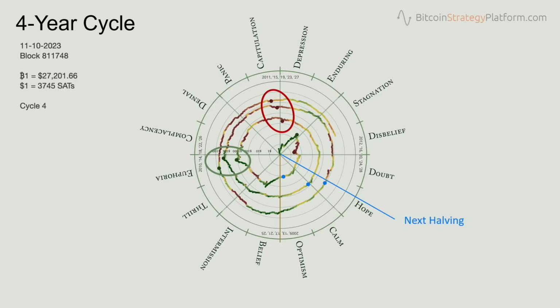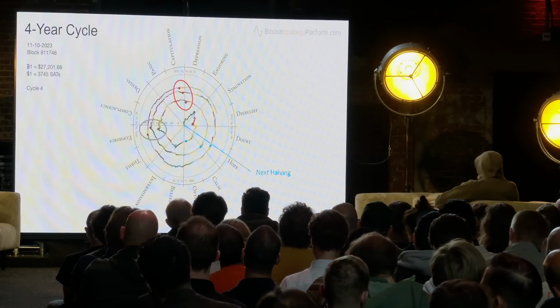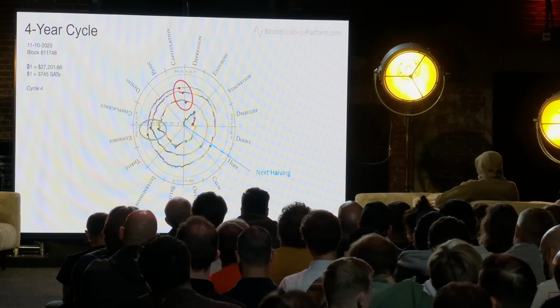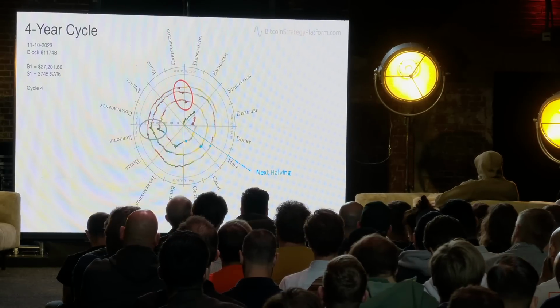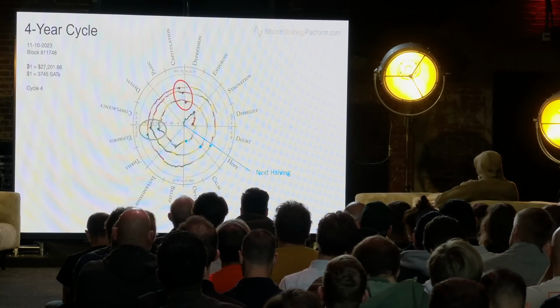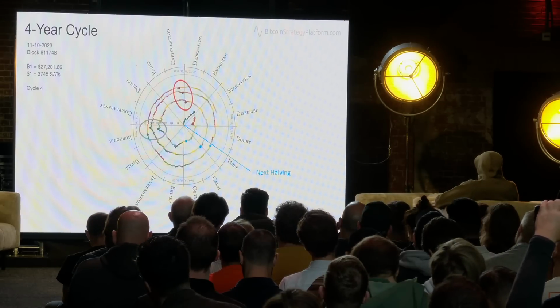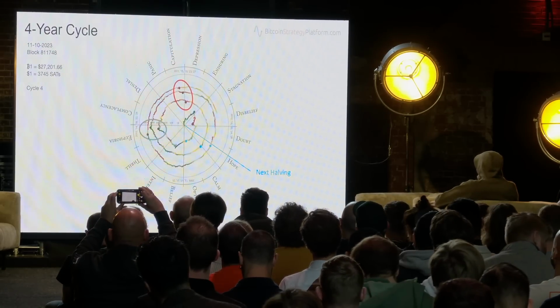I think the world is more volatile than it has been in the last 10 years of Bitcoin's existence. And so the macroeconomic landscape is a bit crazy at the moment, and so we will have to look at all the indicators if we keep on track in the 4-year cycle. But so far, there is no deviation yet, and we are actually exactly on track in that 4-year cycle.